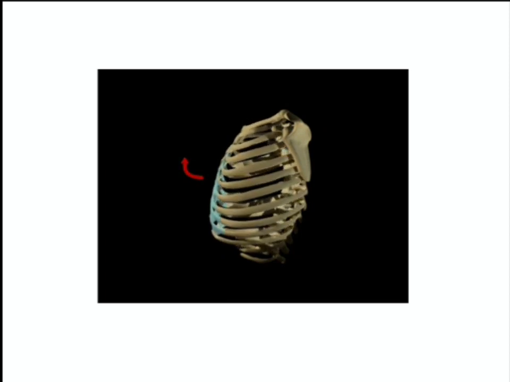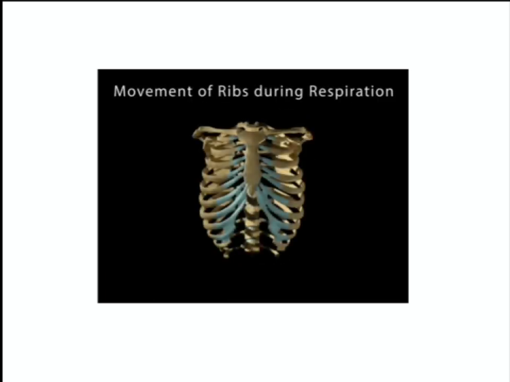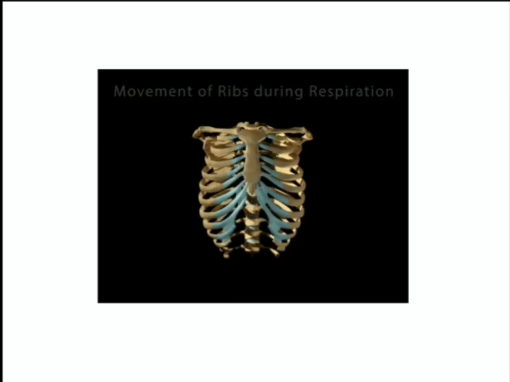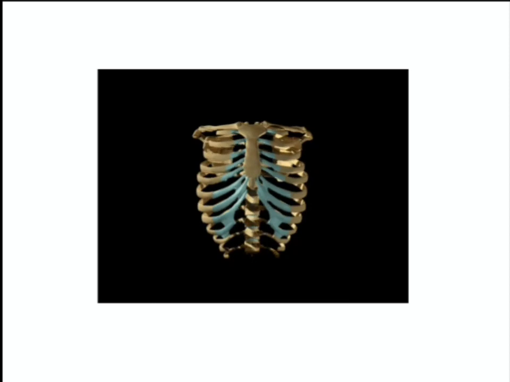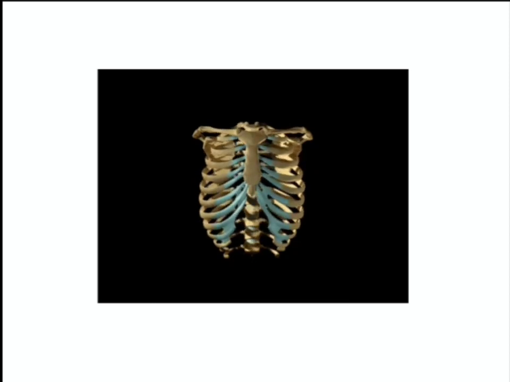You can see because of the contraction the ribs are moving outward and upward. You can watch this video again to see how this movement of ribs takes place. These ribs are moving outward. True ribs, false ribs, and floating ribs are also present on the back side like this. Here you can see the two pairs of floating ribs.